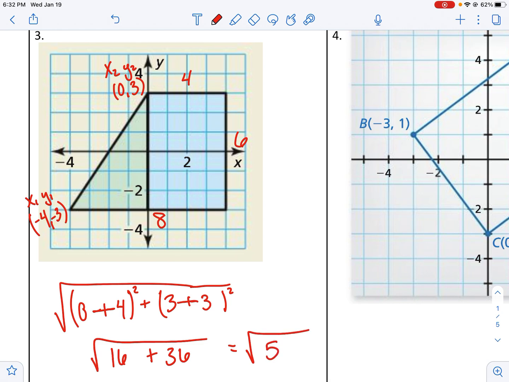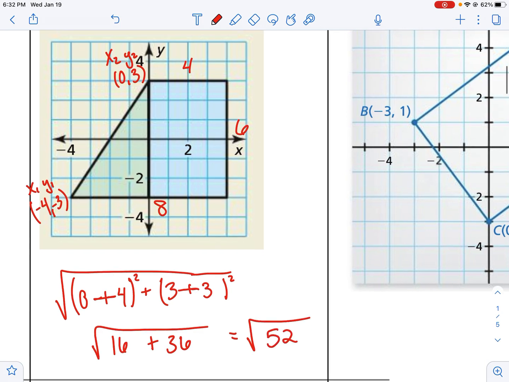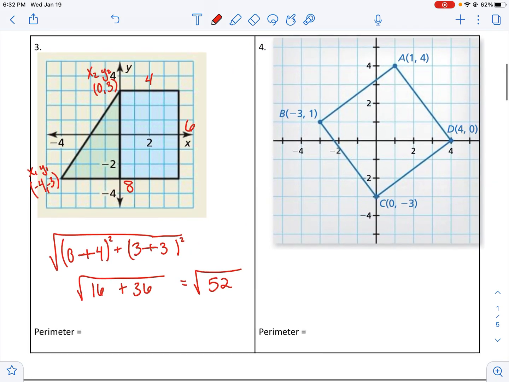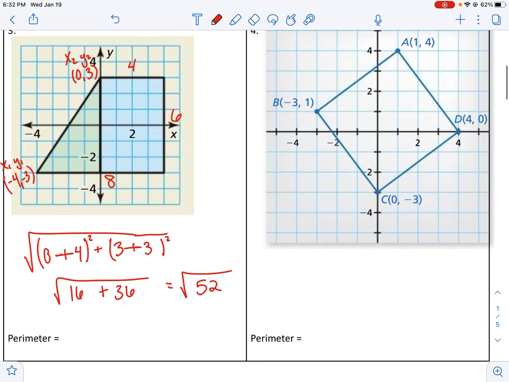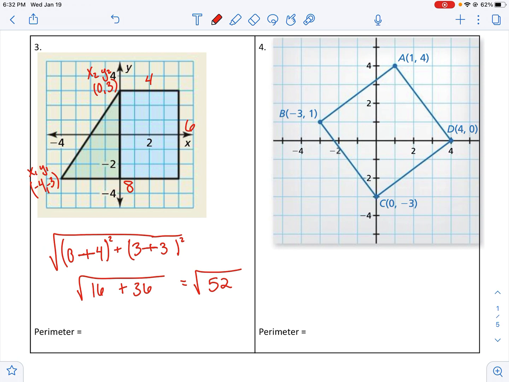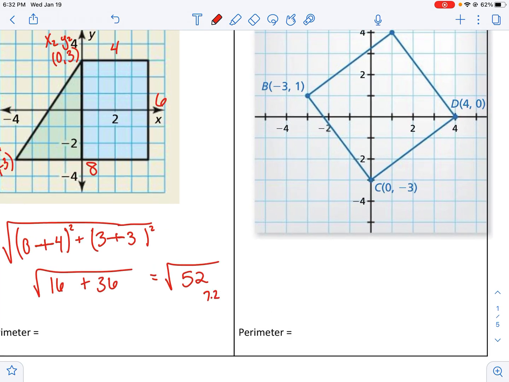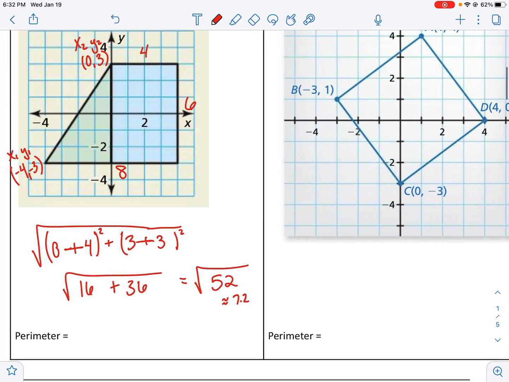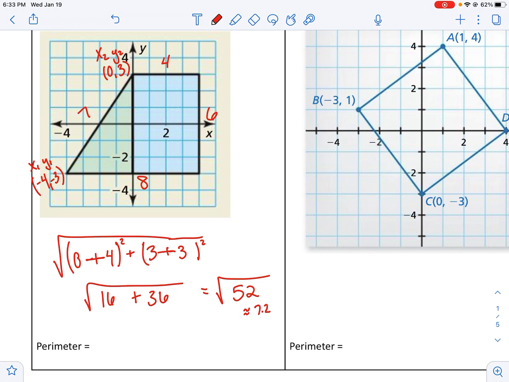That would be the square root of 52, or in a calculator, a little bit more than 7, 7.2 approximately. So this side is 7.2 units long.